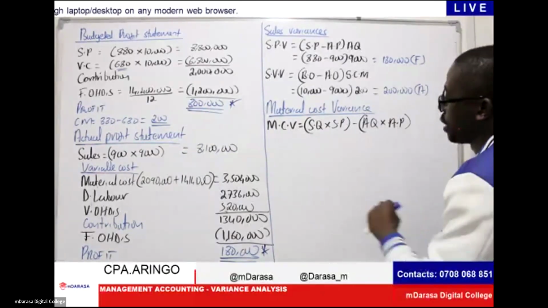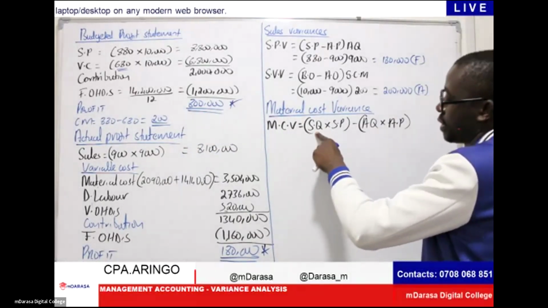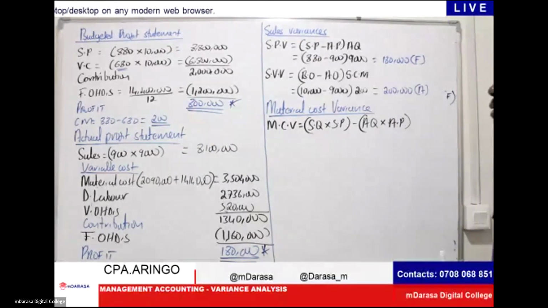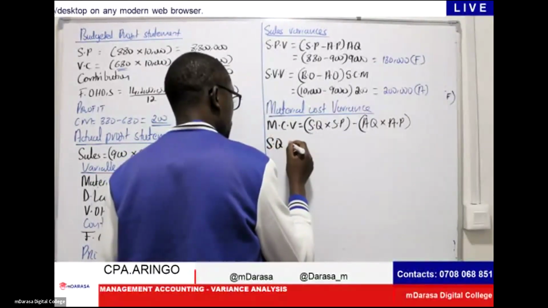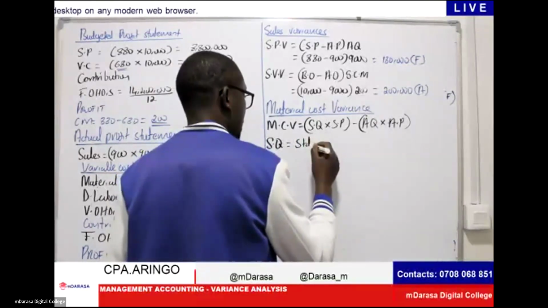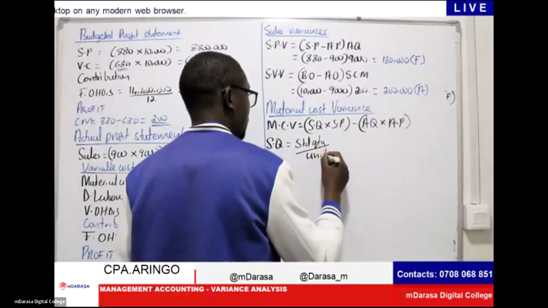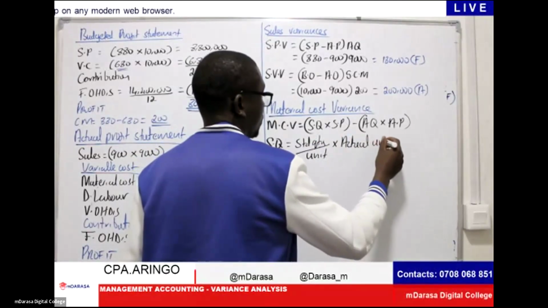We know very well that this SQ you will never be given. So to determine SQ, we should have our standard quantity per unit times our actual units.